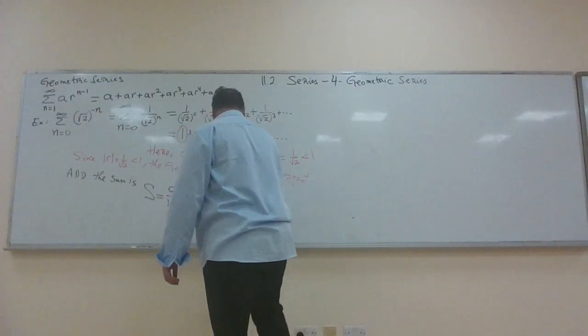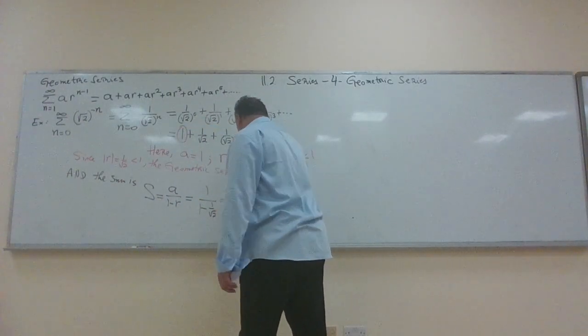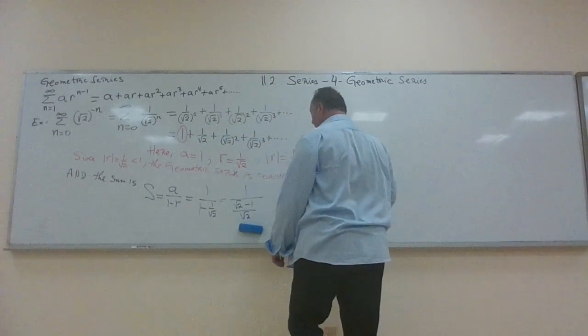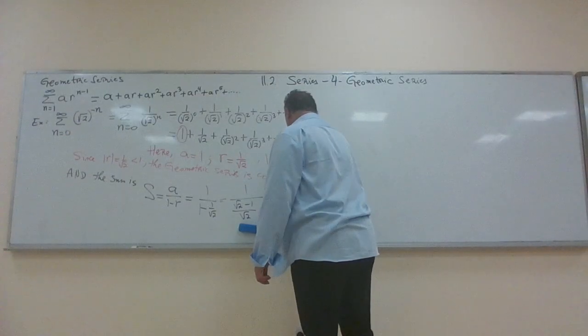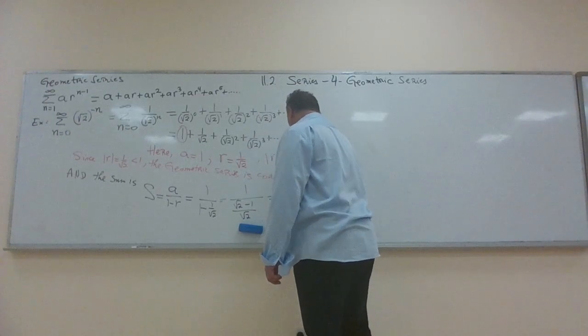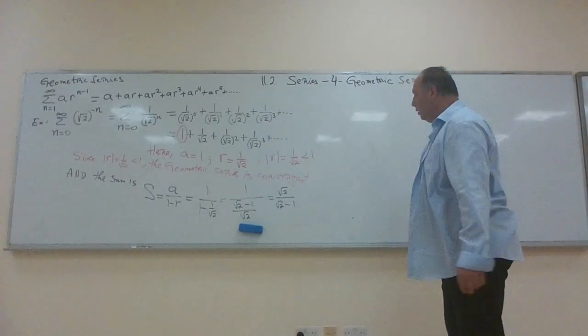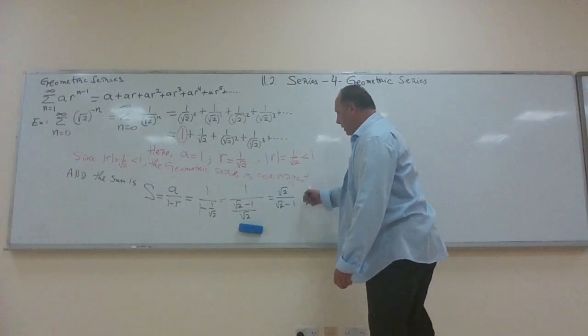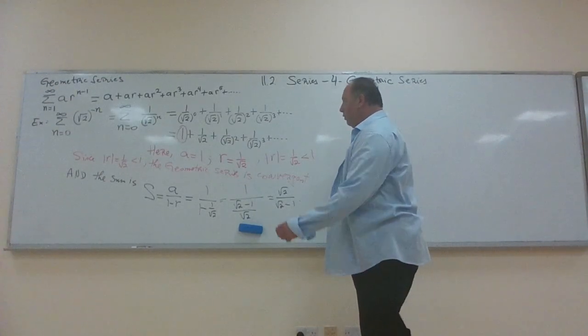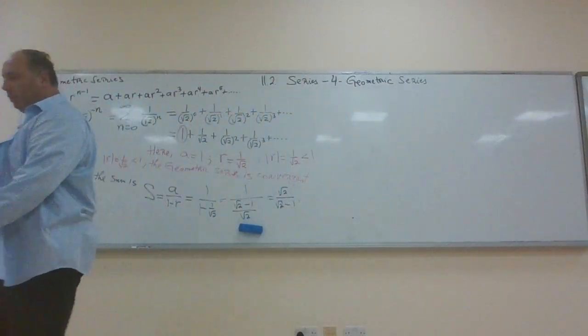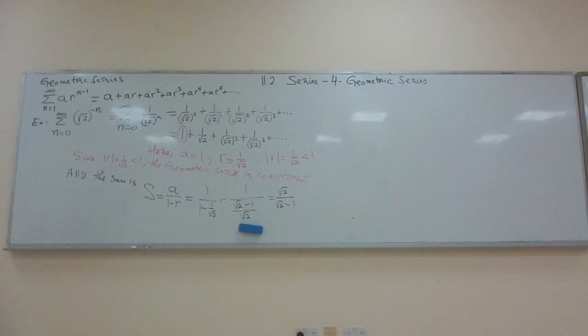So we can rewrite this a little bit. So I have here radical 2 over radical 2 minus 1. You can find the approximation, but normally we keep it as is. So this is a convergent geometric series, and we have the value of the sum.